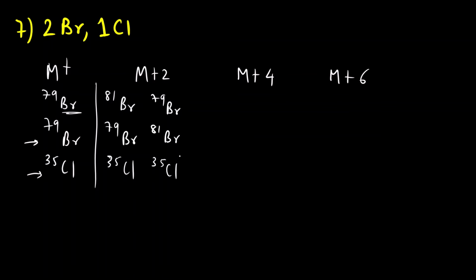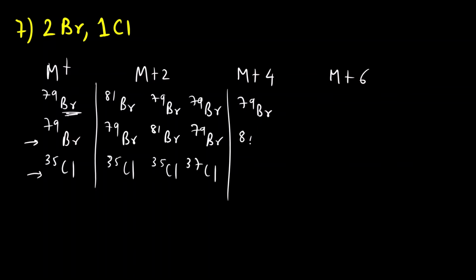Now the third one I will increase by 2 units, 37Cl, and remaining 2 I will keep as it is, 79Br, 79Br.